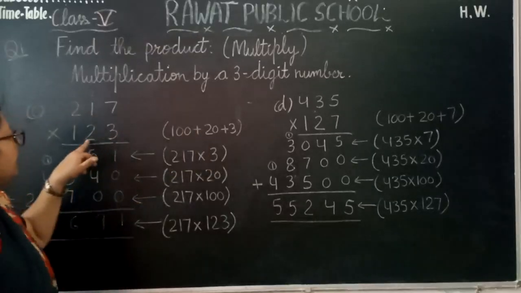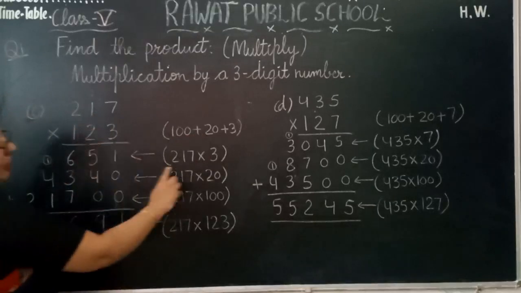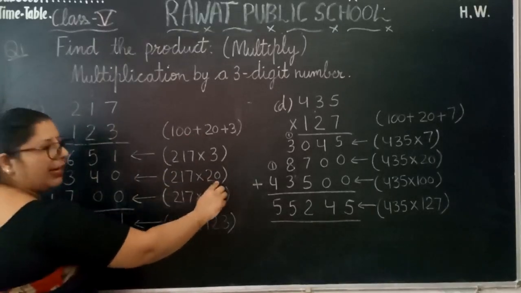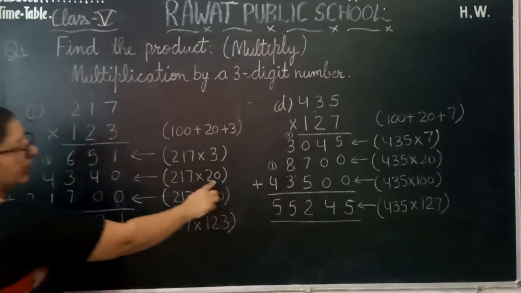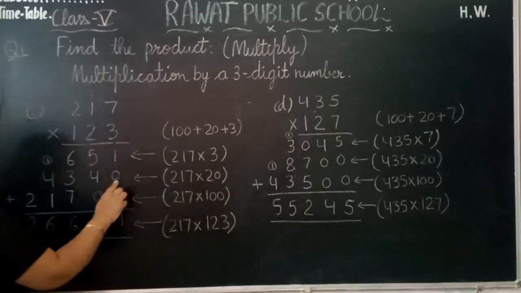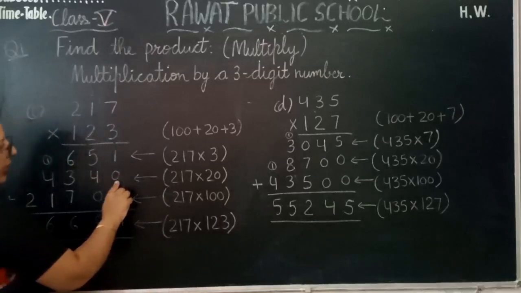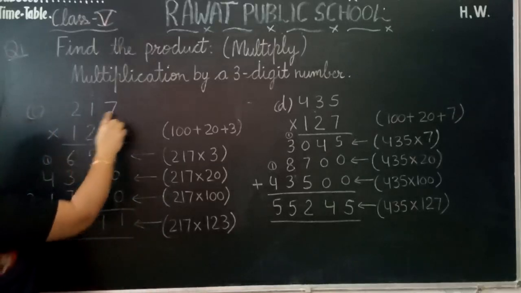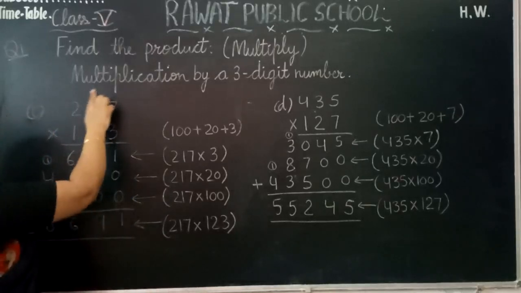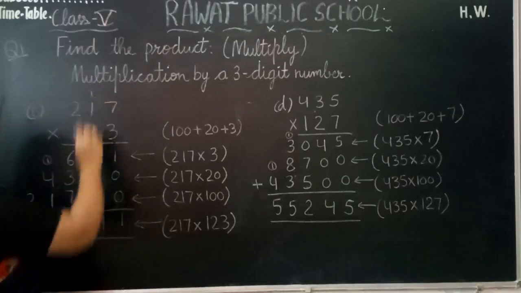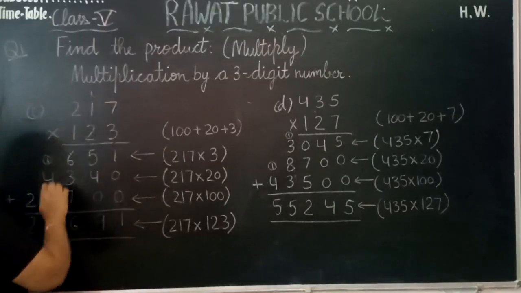The tens number is 20. So we multiply 217 by 20. In 20 there is only one 0, so put 1 zero here, then multiply by 2. 2 sevens are 14, carry 1. 2 ones are 2 plus 1, 3, and 2 twos are 4.